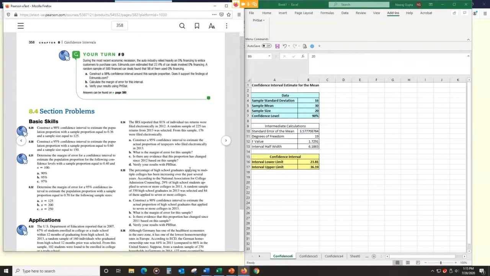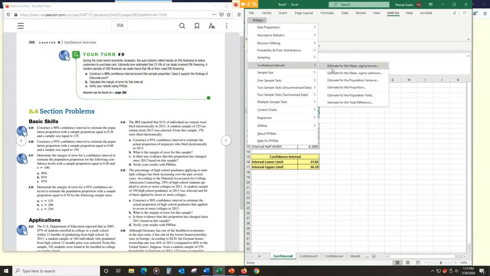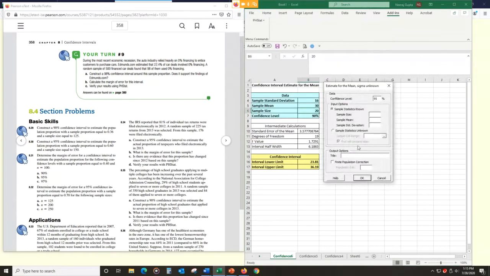X bar is the sample mean, S is the sample standard deviation. Now, when you are given the data, you do not need to calculate those things yourself. Let me show you here again. When you are given the data, you are checking this one because you're not given the sample mean or sample standard deviation.